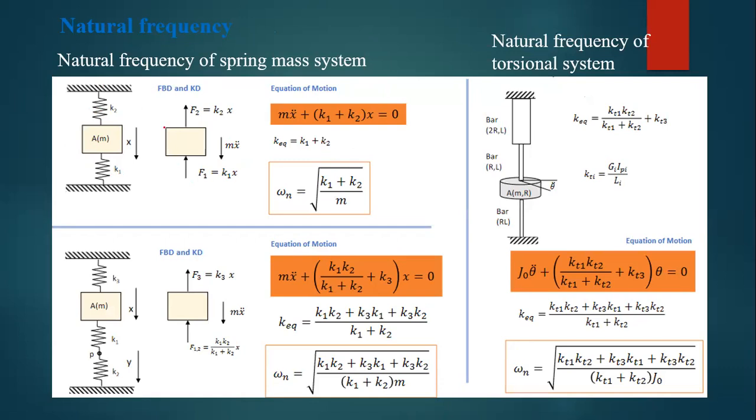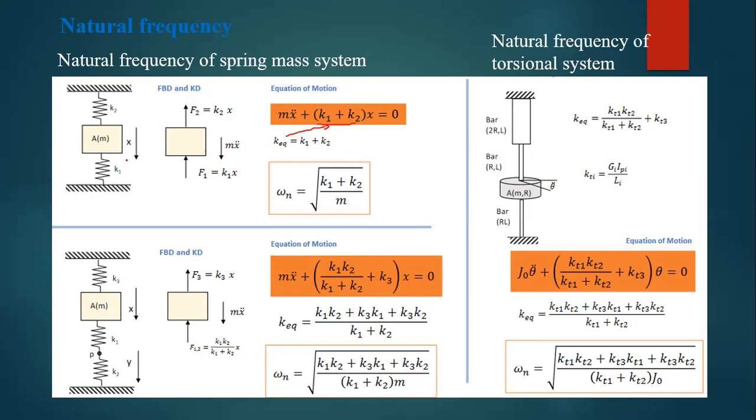Due to that, our equation has K1 plus K2. How can we get that? We make a free body diagram of the system and produce the equilibrium equation. Finally we get K1 plus K2, expressed as equivalent stiffness: K equivalent equals K1 plus K2.